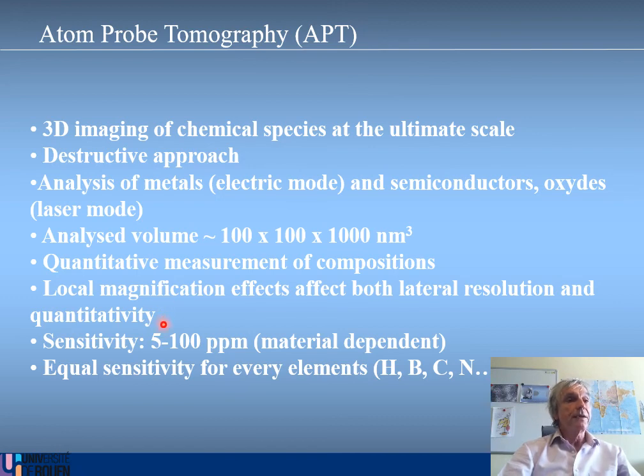So as already said, there are problems with local magnification effects, and these affect the lateral resolution and quantitativity, both for the reconstruction of the image but also for the composition measurement. The sensitivity is between 5 and 100 ppm, depending on the material but also on the instrumental conditions.